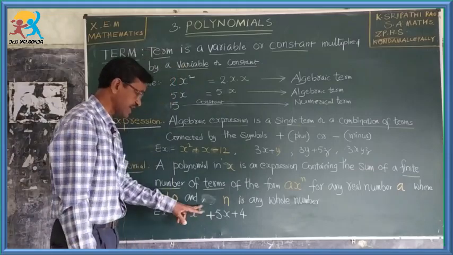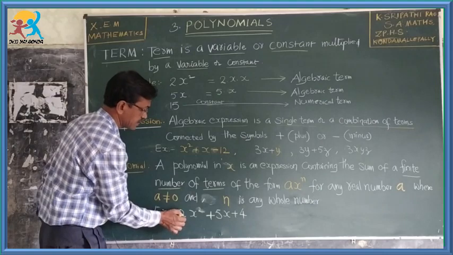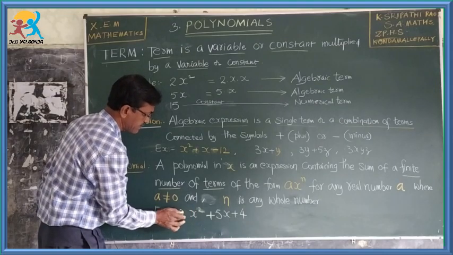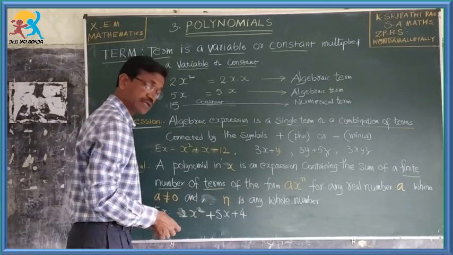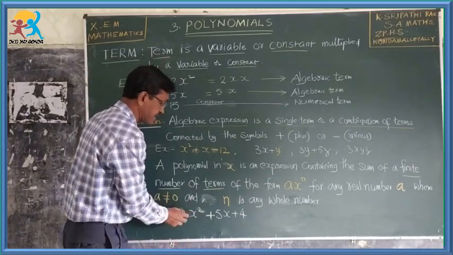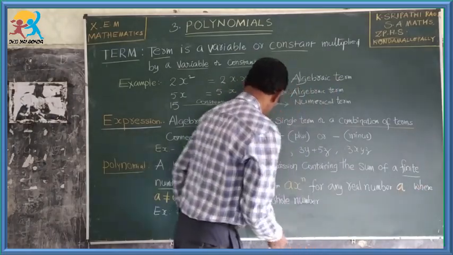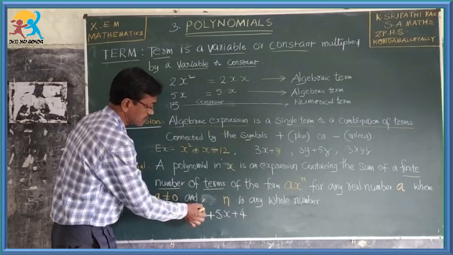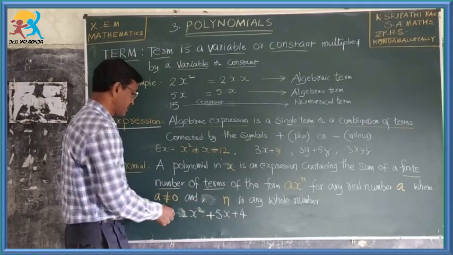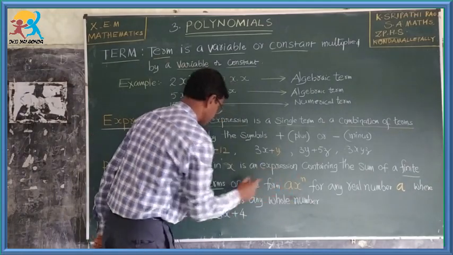Ax to the power of n. Here a means any real number, the coefficient of x square, that may be any real number, and a should not be equal to 0. If it is 0, the total term becomes 0. So a should not be equal to 0 and n is any whole number.